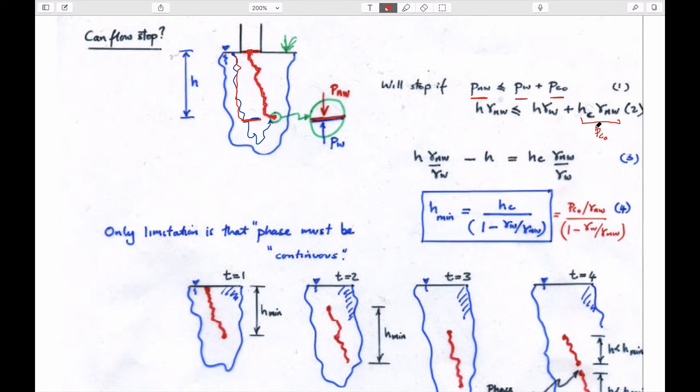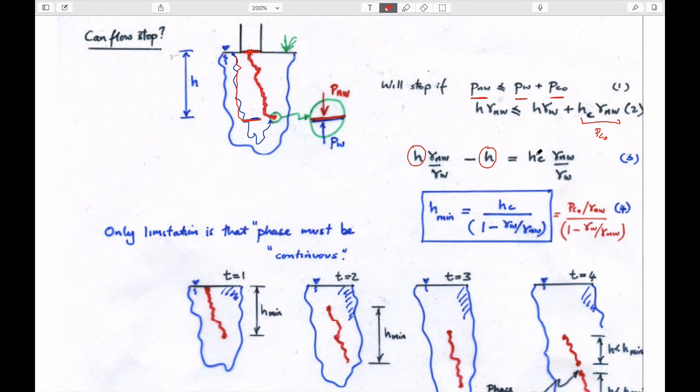And so if we solve this to figure out exactly what the minimum height of fluid is, what this height of fluid would be for this to happen, then we get this circled value of H minimum, and we end up with this item here. This is a material property.